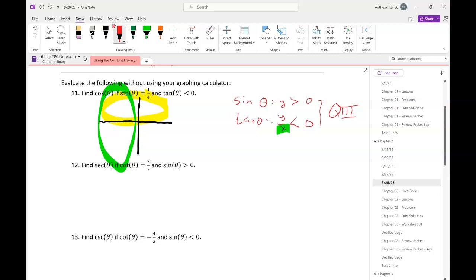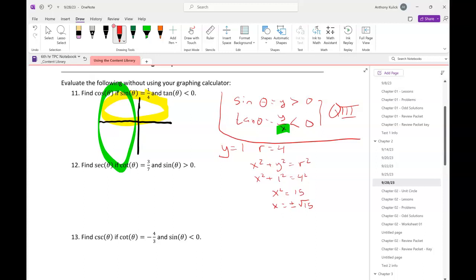So I'm now going to discard that unit circle definition. I know y is 1, r is 4, and I'm going to find x. I know x squared plus y squared is equal to r squared. So x squared is equal to 15. So x is plus or minus square root 15.